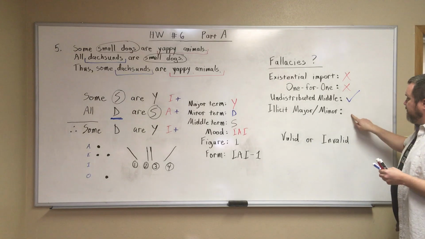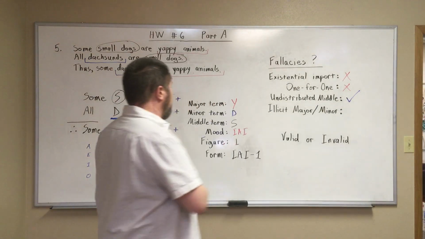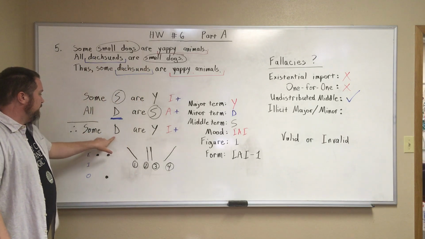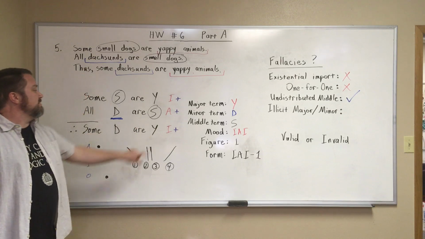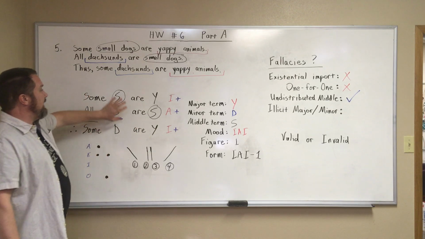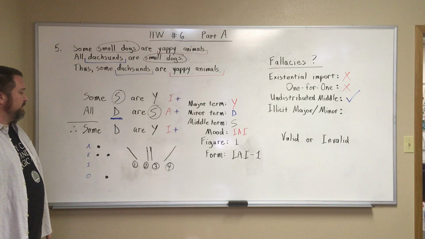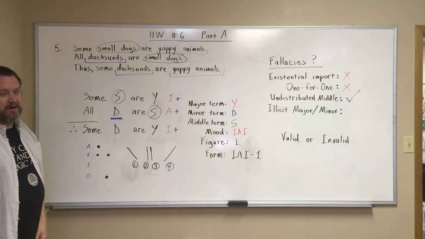We could stop right there, but let's look at illicit major and illicit minor. Illicit minor says that when you look at the conclusion, if either of these terms is distributed in the conclusion, it has to be distributed where it comes up in the premises. Since neither one is distributed in the conclusion, we don't even have to worry about these.